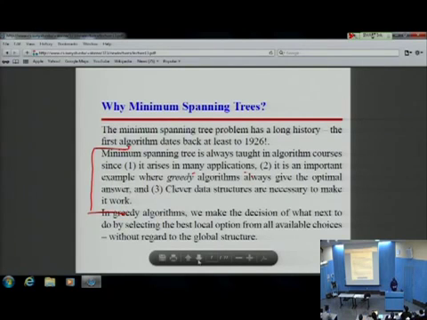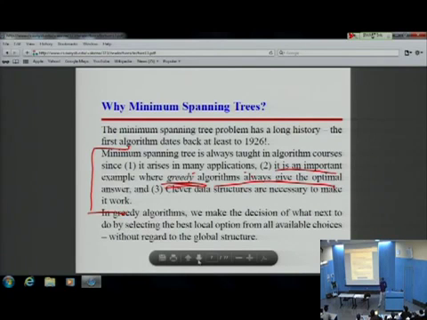A second reason is that it's going to be an important example where what we call greedy algorithms always give you the optimal thing. I showed you that there are n factorial-ish spanning trees. There are n factorial-ish traveling salesman tours. You can't find the traveling salesman tour optimally by starting from one vertex and always walking to the nearest edge.